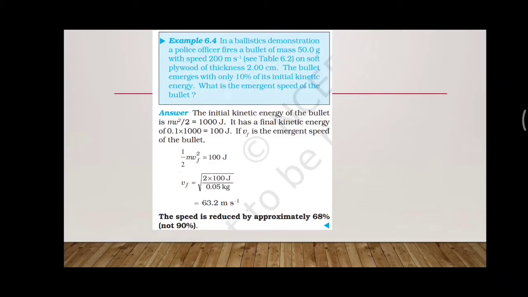And in the question itself it is given that after the collision the energy of the bullet became only 10%.